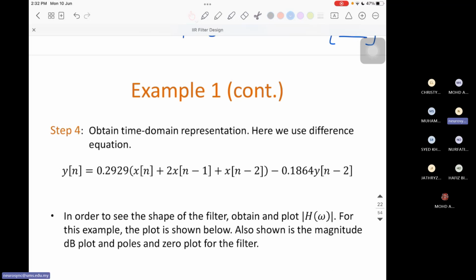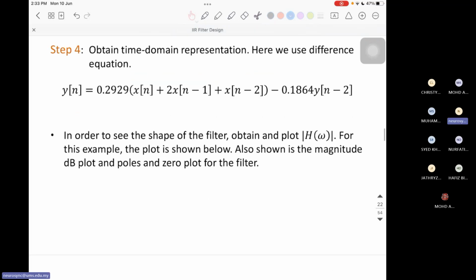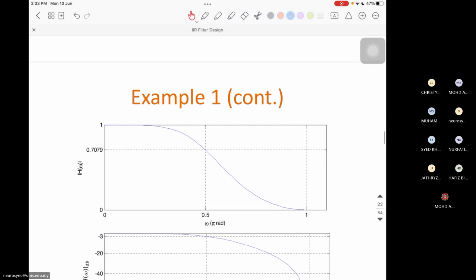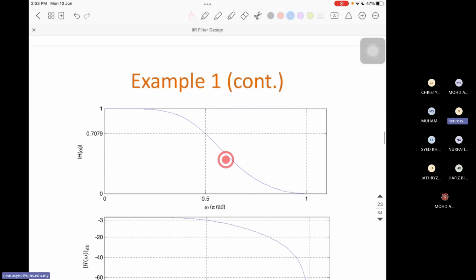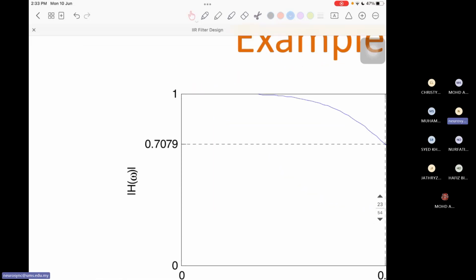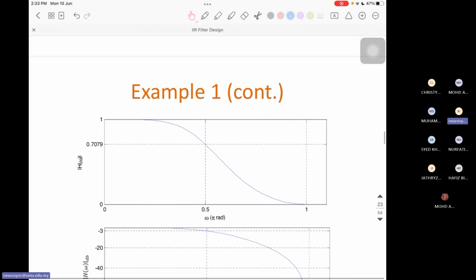Now, if I want to see the shape of the filter, I can plot H of omega. If you plot the magnitude, you will get the plot like this, and you can observe here that at frequency omega equal to omega c, the value is 1 by root 2.